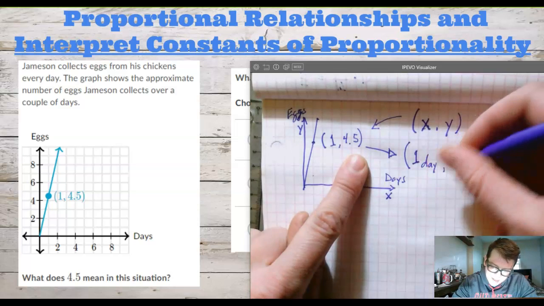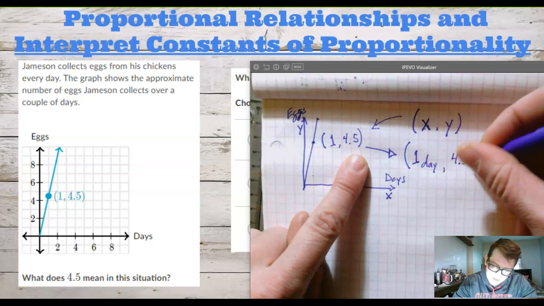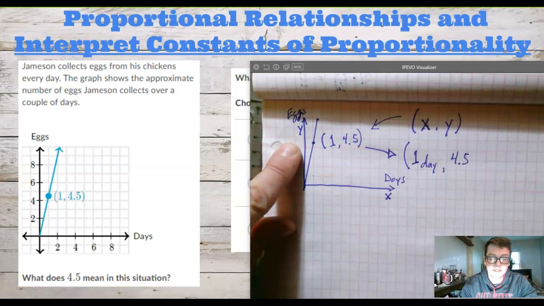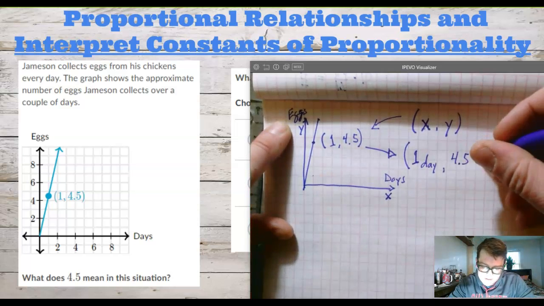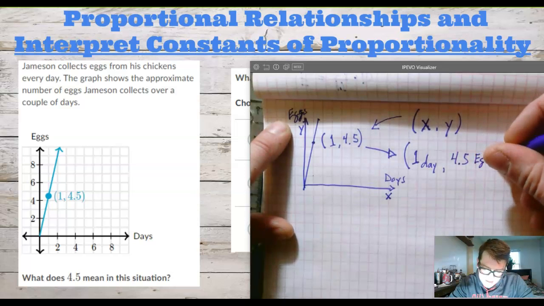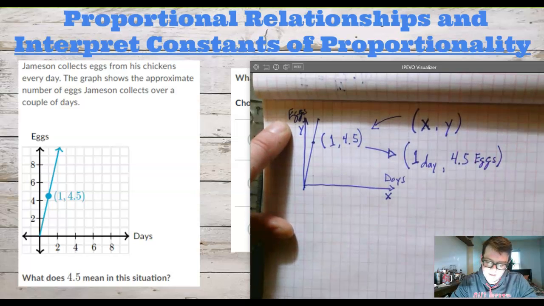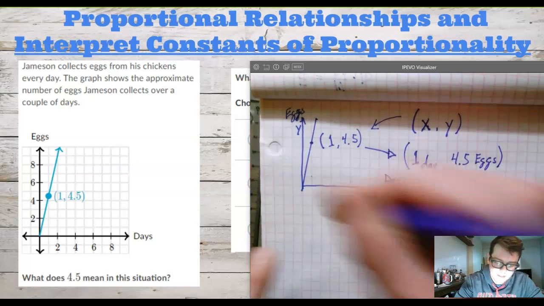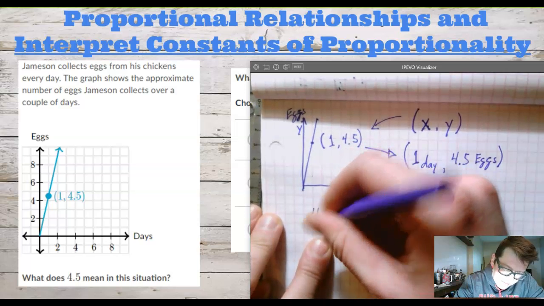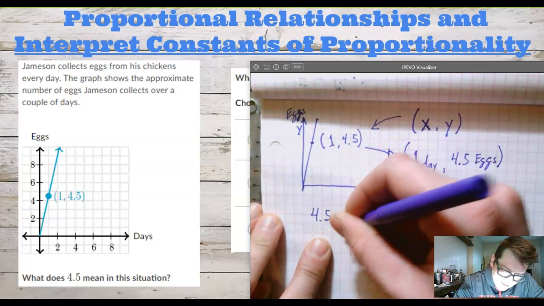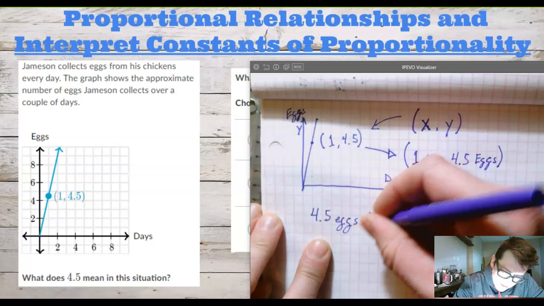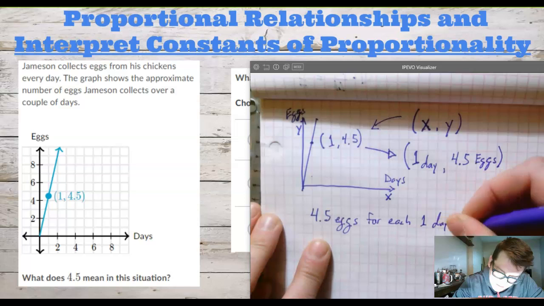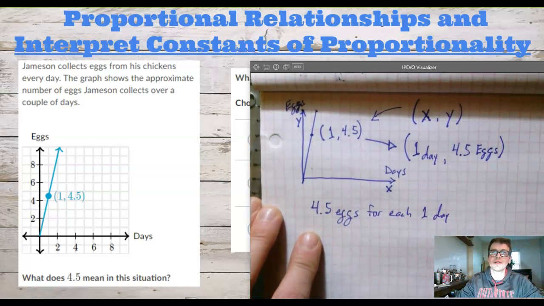And the 4.5 then relates to, what's the y-axis? What's the label there? Eggs. So 1 day, 4.5 eggs, that tells us 4.5 eggs for each 1 day. Or for every 1 day, we could say.